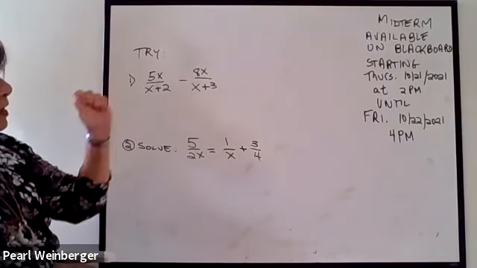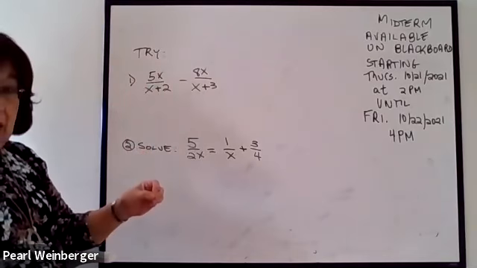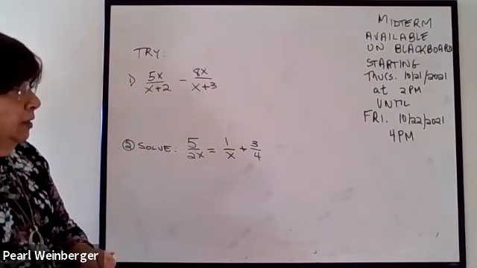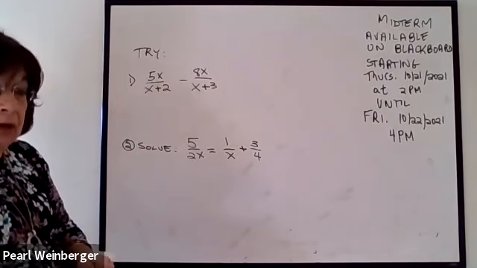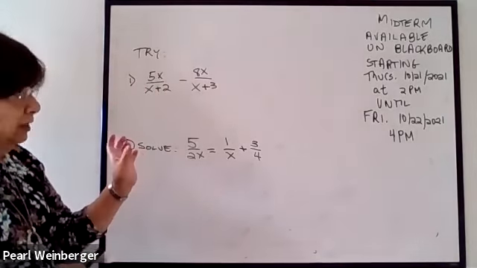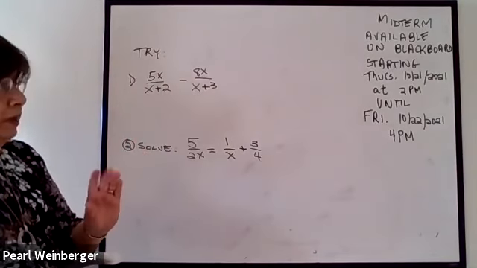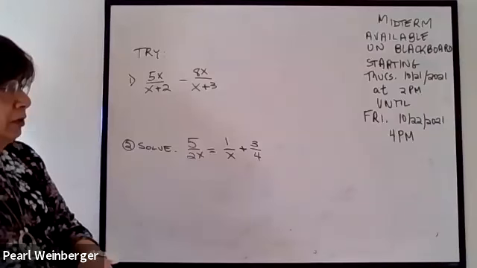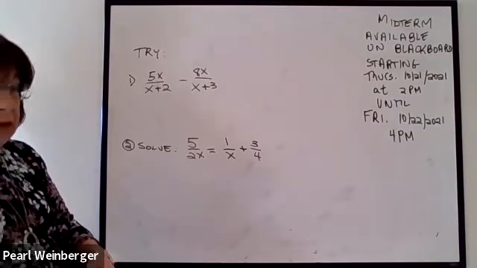Before I even start that, let me remind you, today is midterm day. That means starting at 2 o'clock, the midterm is going to be available on your Blackboard account. There's a separate section in Math 136 that says midterm. You just click on it and your midterm, it's not going to be available until 2 o'clock, but from 2 o'clock until 4 o'clock on Friday, it is going to be available.